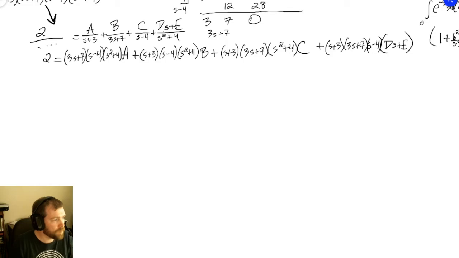S plus 3 is going to go into the 2nd, the 3rd, and the 4th. S minus 4 is going to go into the first and the second, not the third, and then the fourth.